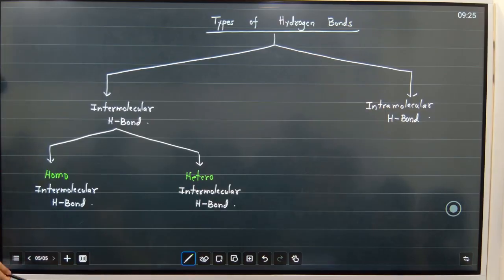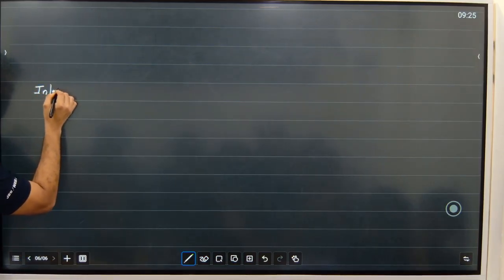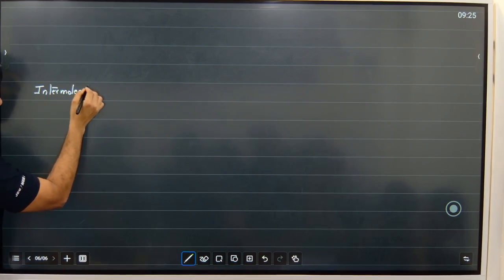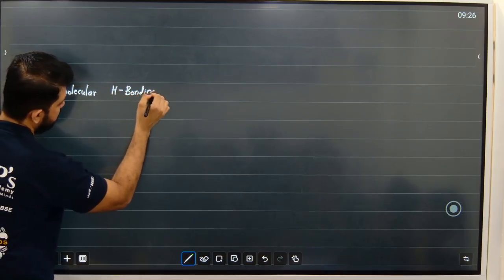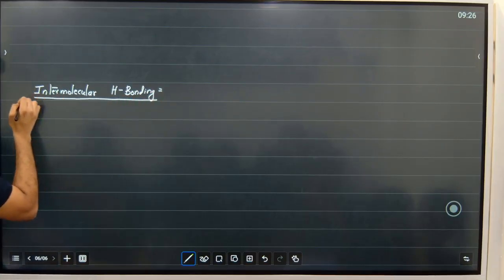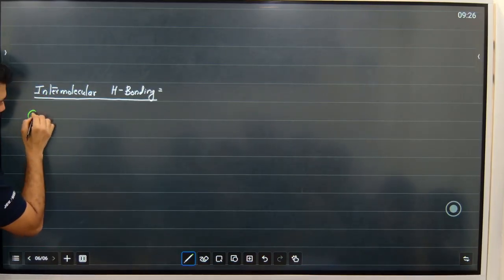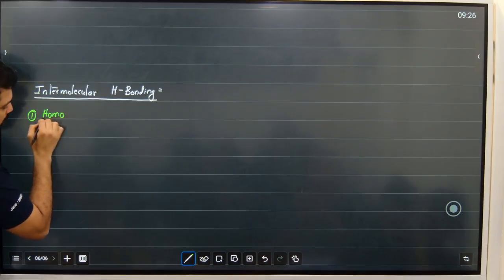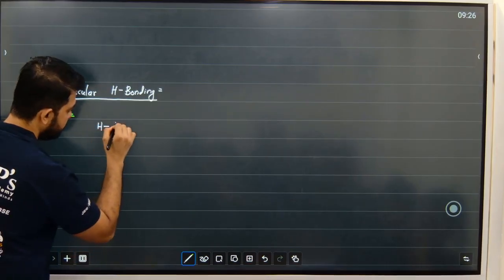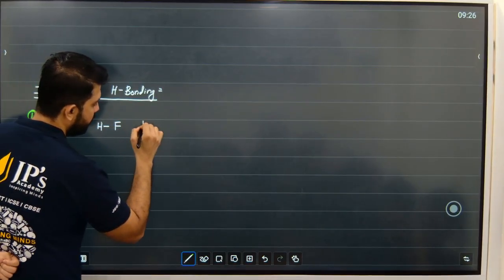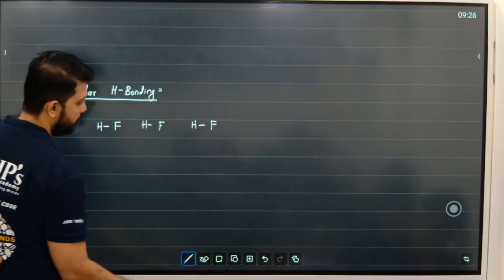Now let's understand each one of them. Let's start with the first one, intermolecular H bonding. Intermolecular hydrogen bonds are hydrogen bonds between molecules. Let's start with the first one, homo intermolecular hydrogen bonds. We already wrote an example. A common example is hydrogen bond between HF, HF, HF molecules.